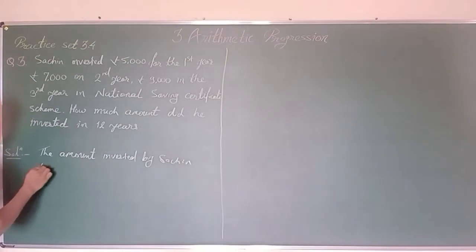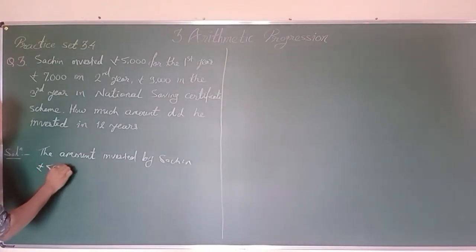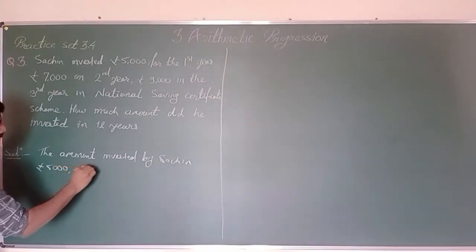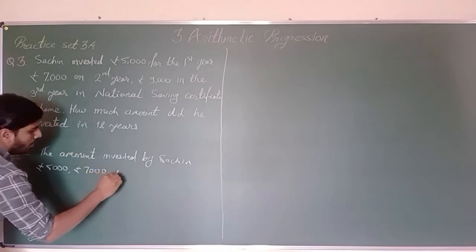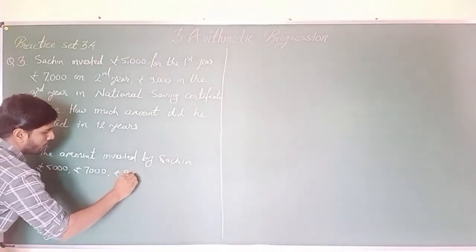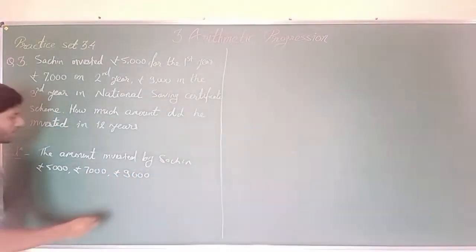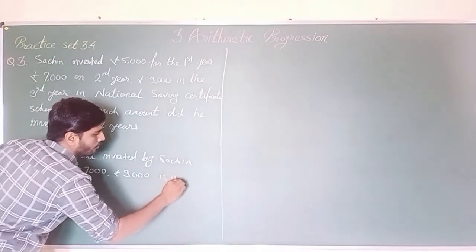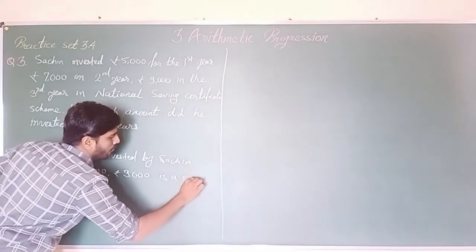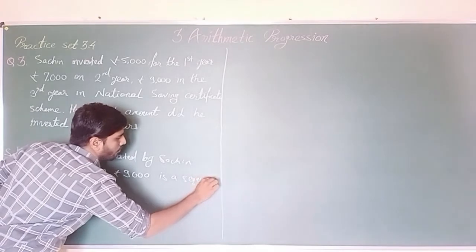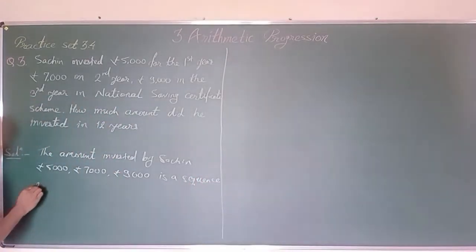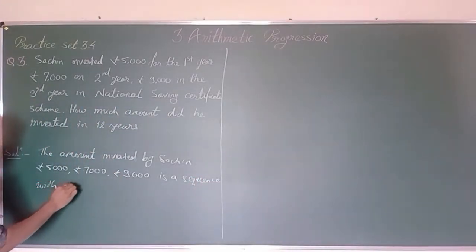rupees 5,000, 7,000, 9,000 is a sequence with common difference.